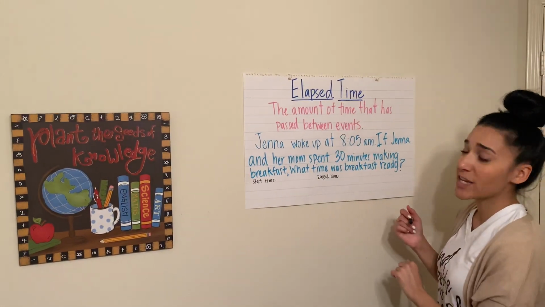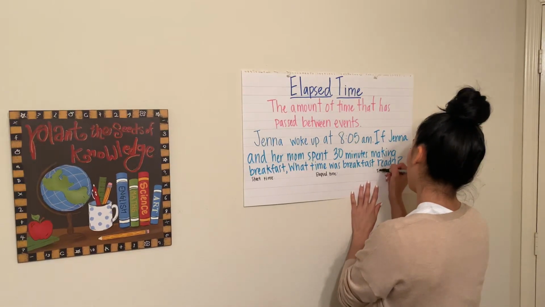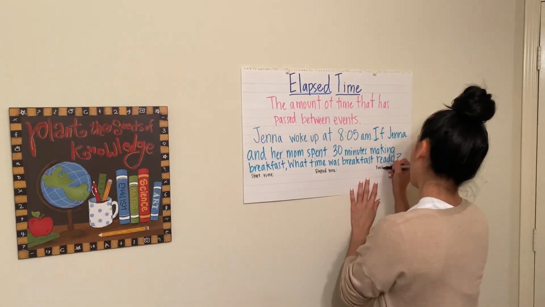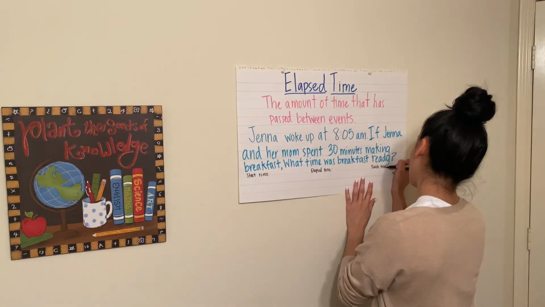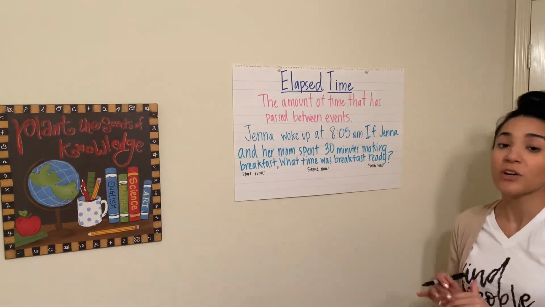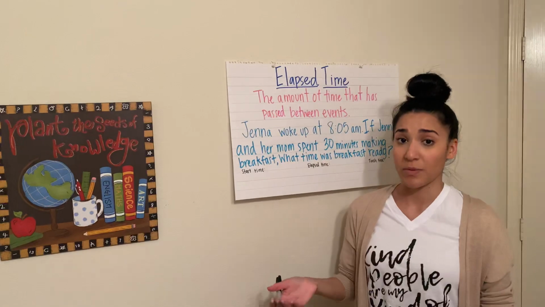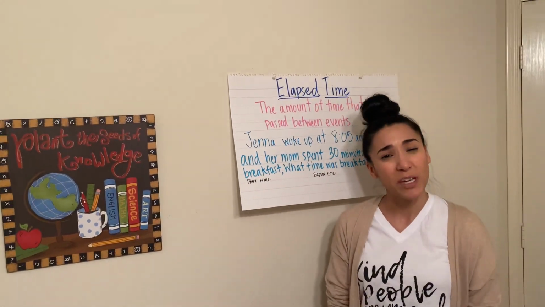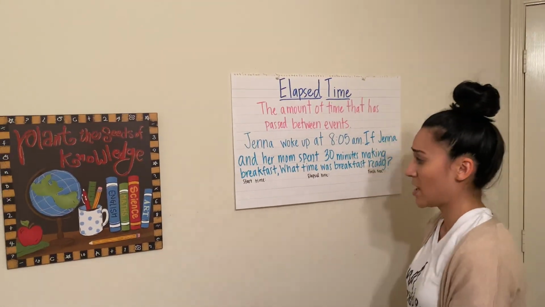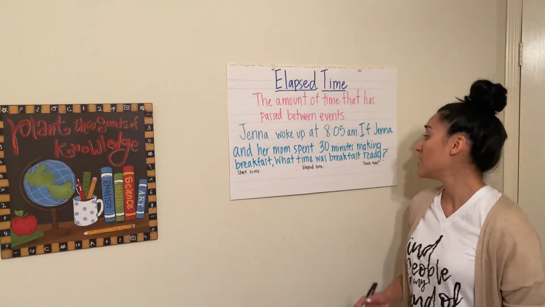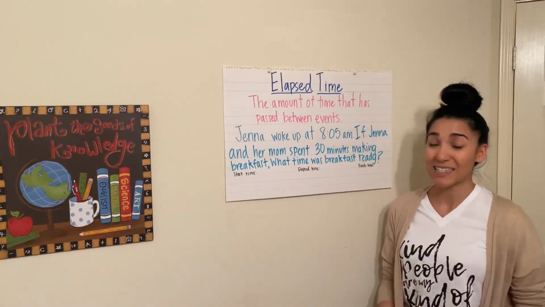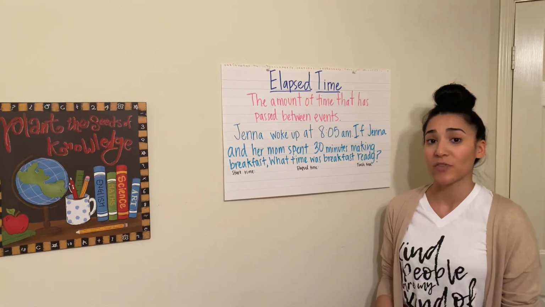And then what is my finish time? Okay, so I'm going to go back to the problem because this is a specific problem I'm thinking about. And I want to think, what information did it give me? Did it give me my start time? Did it give me my elapsed time? Did it give me my finish time? Because whichever one it didn't give me, that's the one I'm going to be looking for.